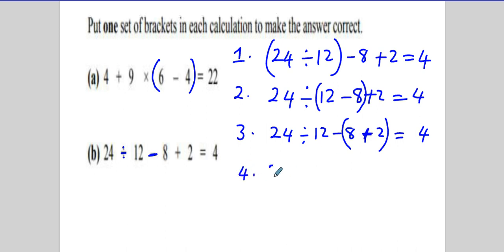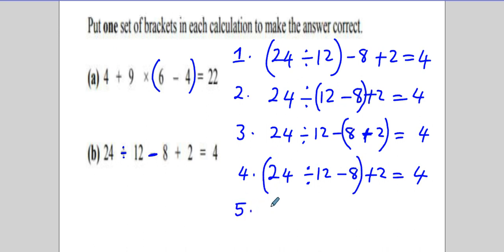The fourth possibility will be putting division and subtraction in one bracket, like so. Check if it will give you equal to 4. The fifth possibility will be putting both subtraction and addition in brackets.